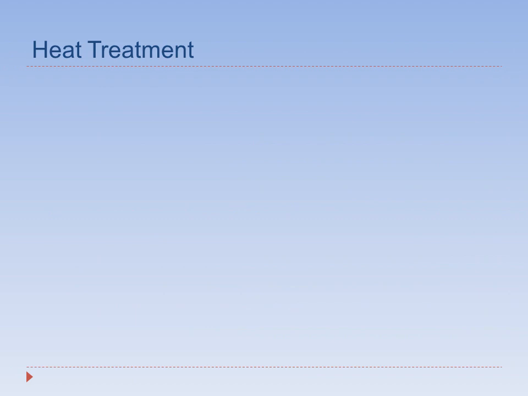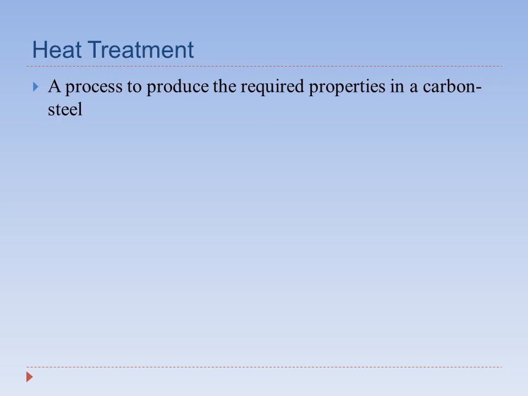Now, let us learn about the heat treatment process. Heat treatment is used to produce the required properties in carbon steel. Friends, we have learned various mechanical properties in the previous lecture, such as the strength of material, toughness, ductility, and many other properties. With the help of the heat treatment process, we get variation in these properties.